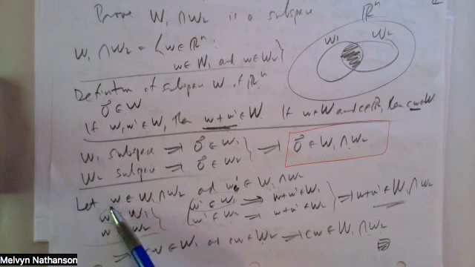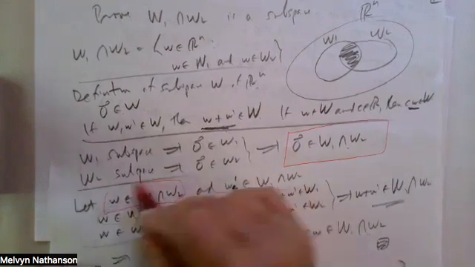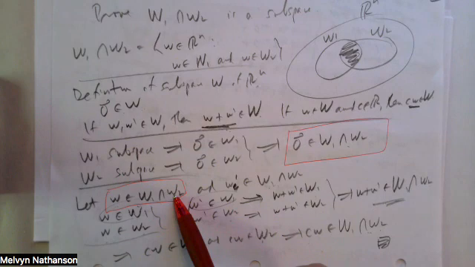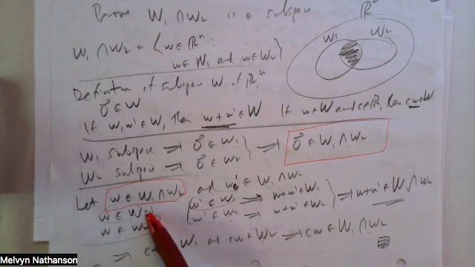Can you repeat the last step of the proof? Yes. So W, take a vector in the intersection. We have to prove the intersection of two subspaces is closed under scalar multiplication. If W is in the intersection, it belongs to both W1 and W2.